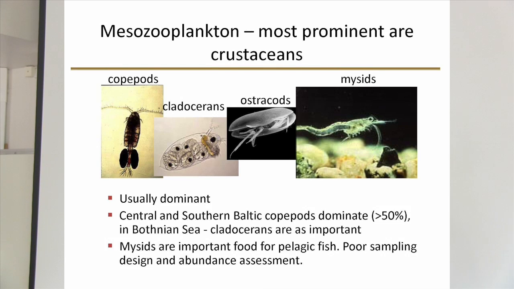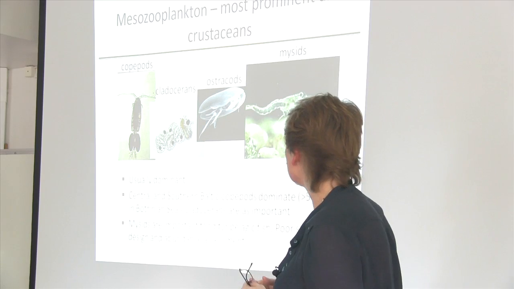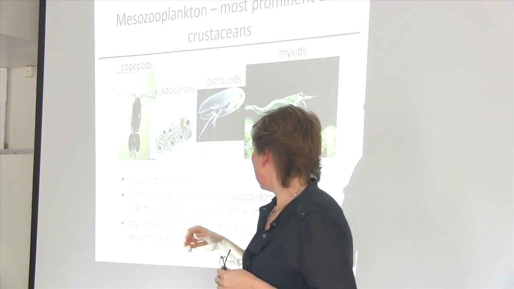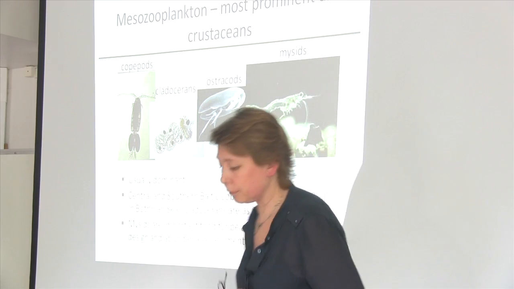Interesting is that it's two different species in the Bothnian Bay and the southern Baltic. Mysids, those also are crustaceans, feeding on phytoplankton as well as zooplankton. They're also very good food for fish, as we know.